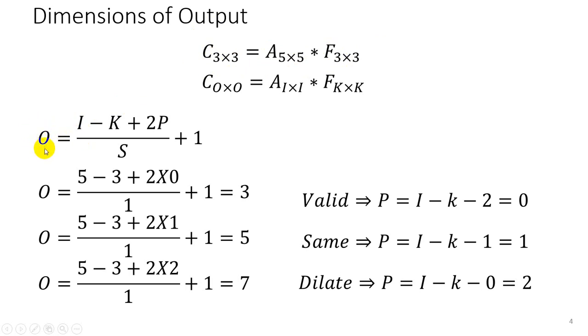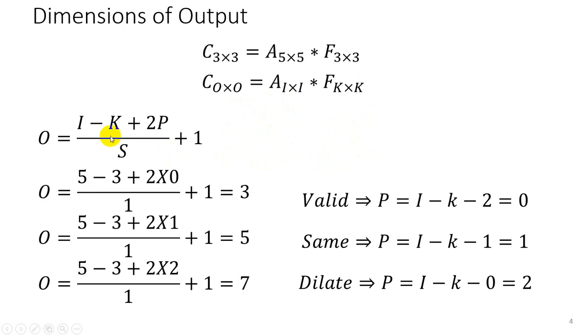The dimensions of output are equal to input dimensions minus filter dimensions plus 2P, divided by S, plus 1. S is the stride and P is the padding, and padding is the number of zeros we insert across the input image, or input matrix, and stride is the step that we take from the result of one convolution to the result of another convolution.